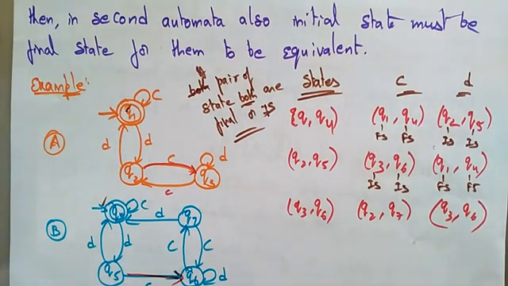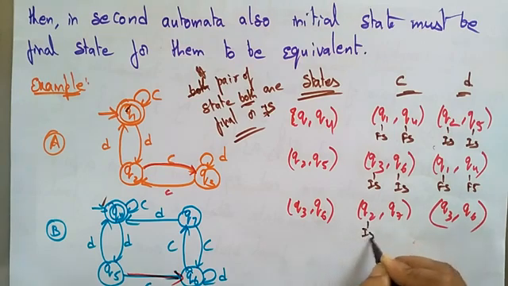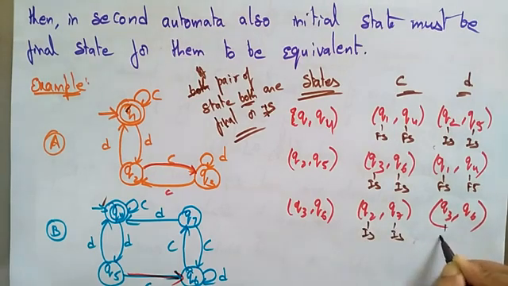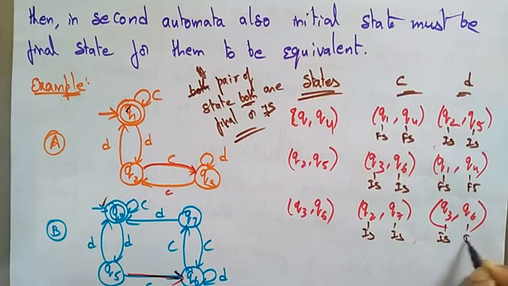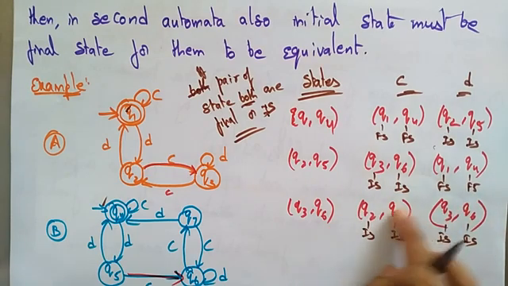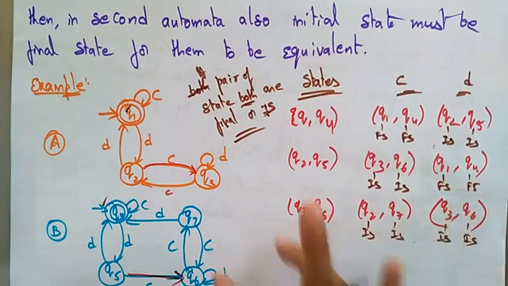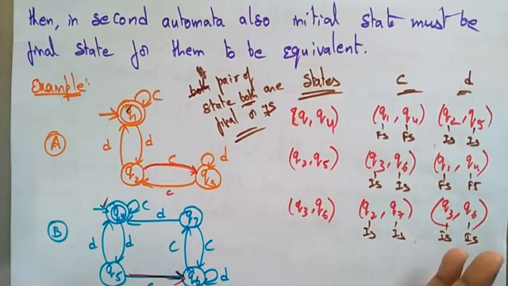So what do you understand? Q2 is an intermediate state and Q7 is an intermediate state. Q3 is an intermediate state and Q6 is also an intermediate state. So both are either final states or intermediate states. So it is also saying that the given two automata are equivalent.